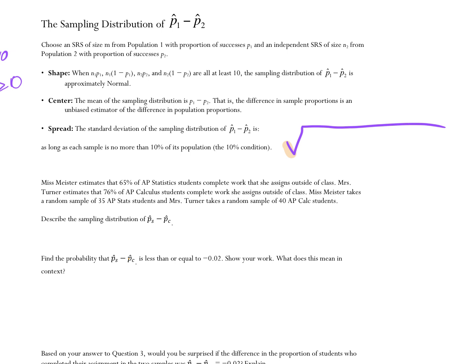You don't need the square root and the squared. It's going to look like P1(1 minus P1) over N1 plus P2(1 minus P2) over N2. So it's like that same standard deviation formula. You got one fraction for each population that you're subtracting. This is the back page of your formula sheet.